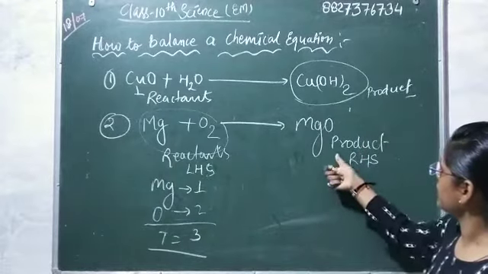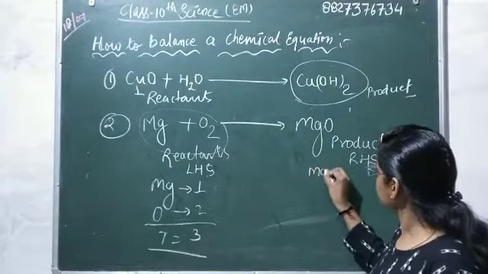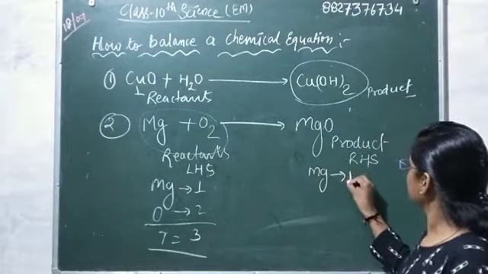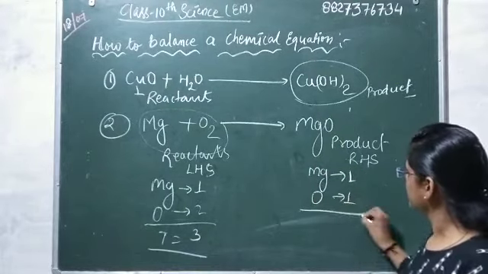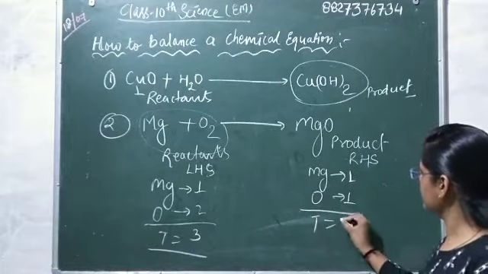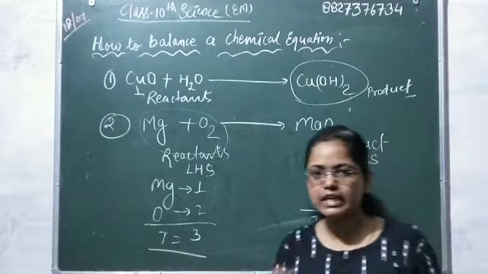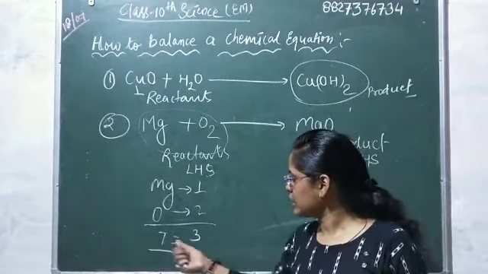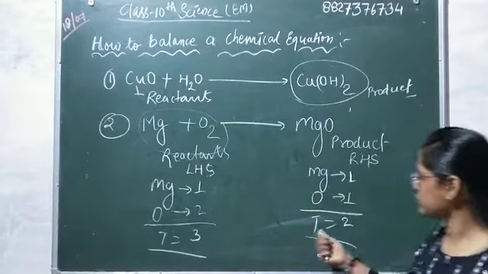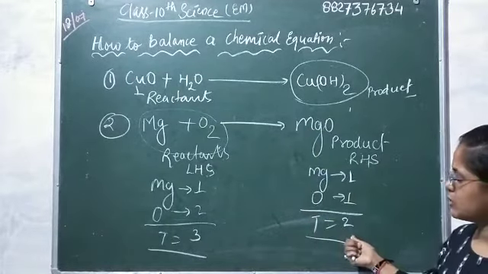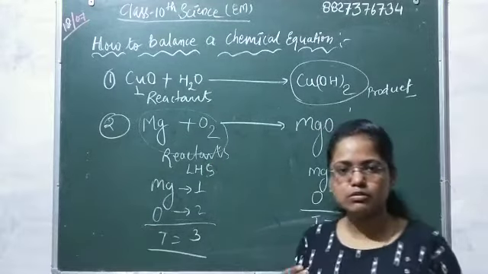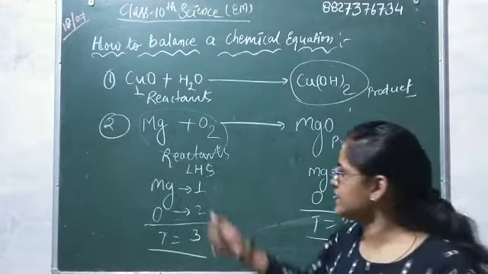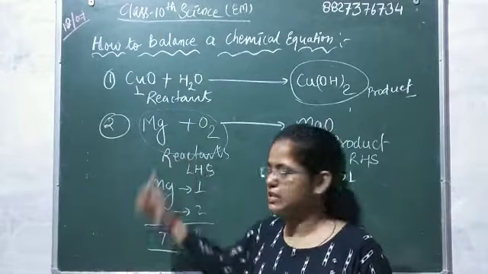Now coming to the product, magnesium is 1, oxygen is 1. Let's total 1 and 1, 2. So here you can see that the total number of reactants is 3 and the total number of products is 2. So now this reaction is not balanced. So we have to balance this reaction.